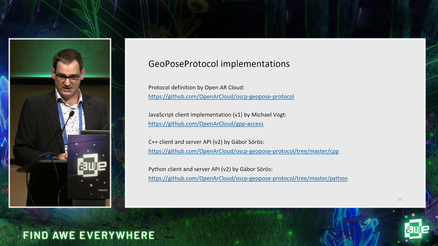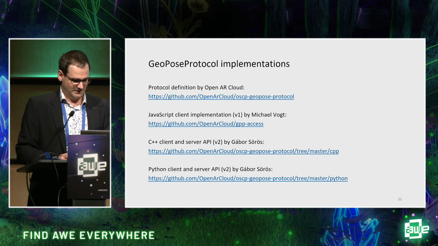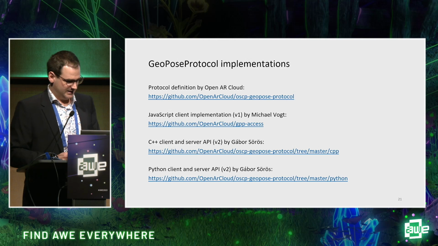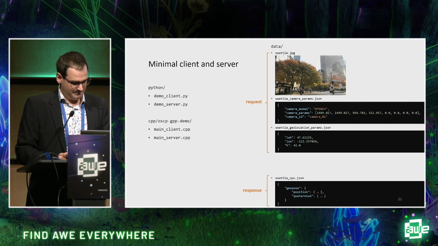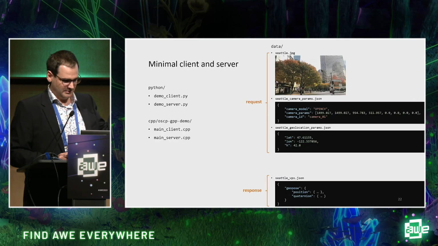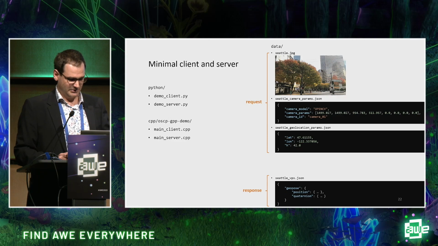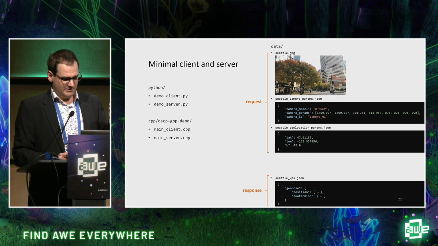There are already many open source implementations out there, so you can take these. I created C++ and Python implementations both for the client side and the server side. And I also created a minimal client and server example. There is an image with all the metadata, which you can send, and an example server, which does not do the visual positioning.